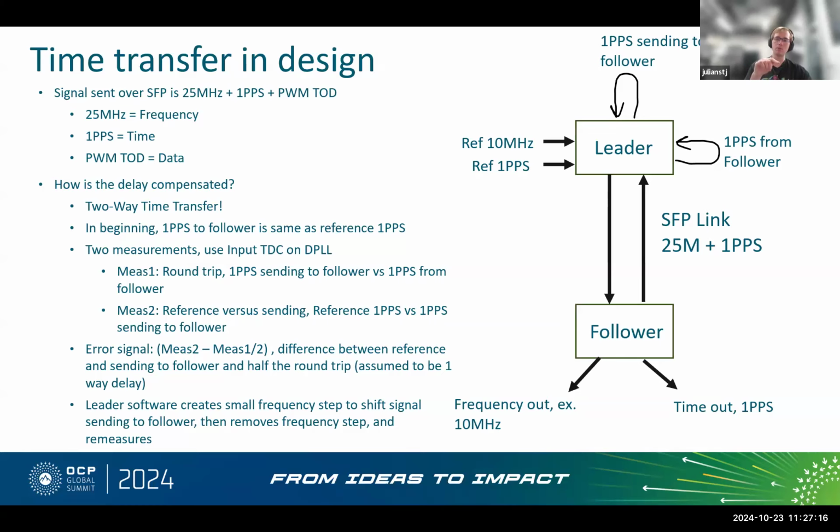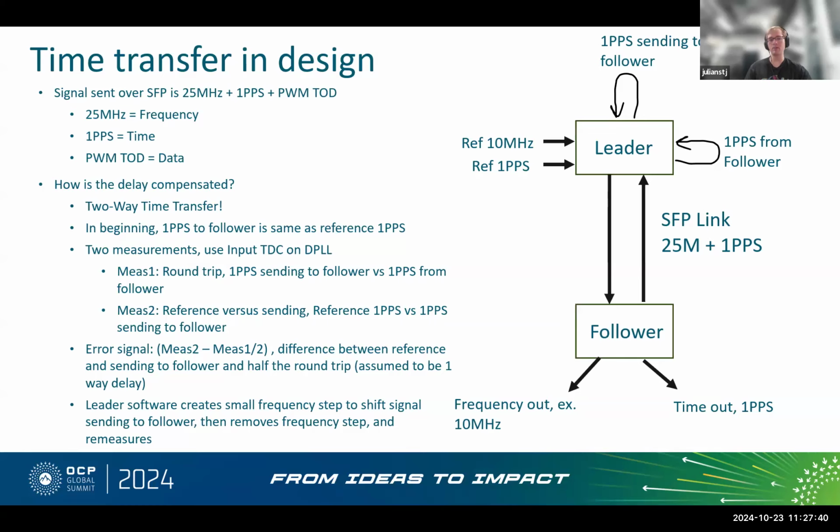One is it loops back its PPS from the transmit PWM channel to itself. And then it also loops back the 1 PPS that it's receiving from the follower to itself as well. And on the input TDC, it can then measure that with respect to each other down to 50 picoseconds or even 1 picosecond because they are frequency aligned because the follower is following the leader.